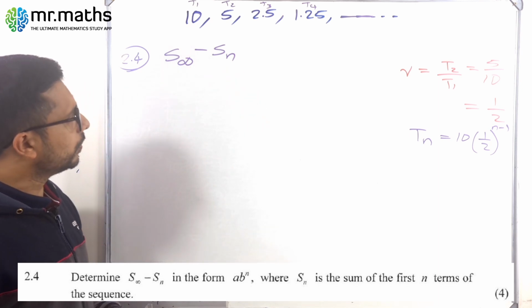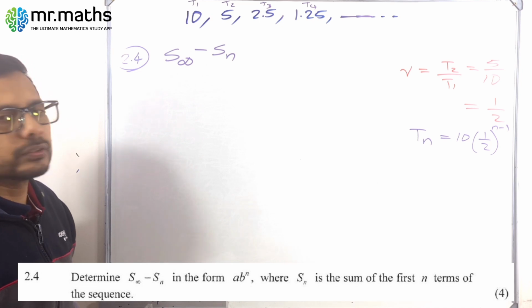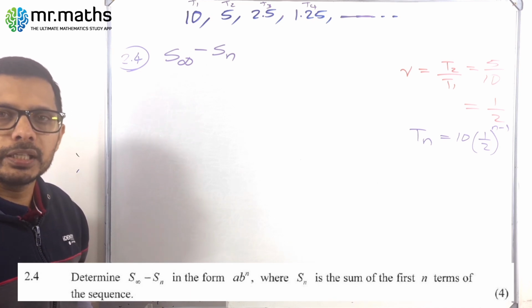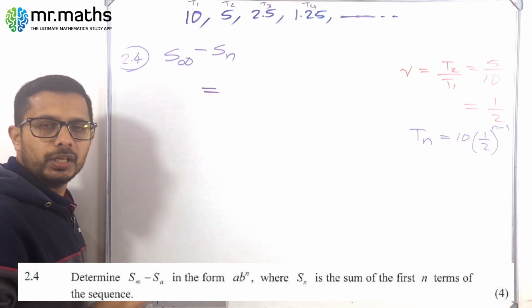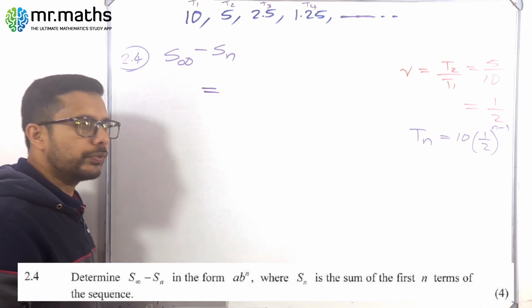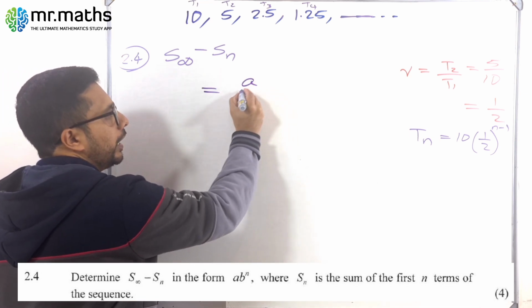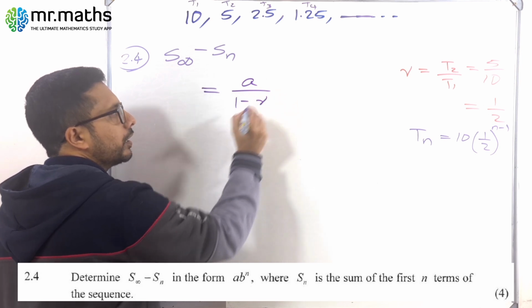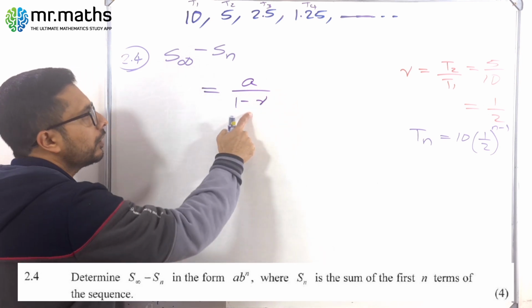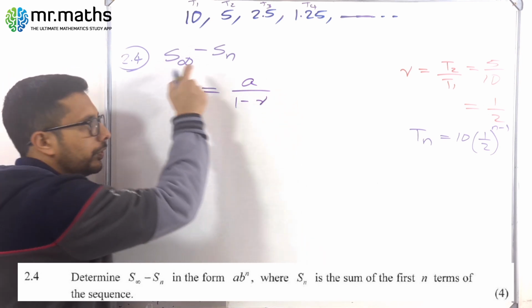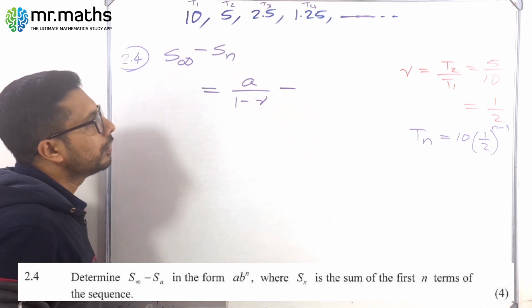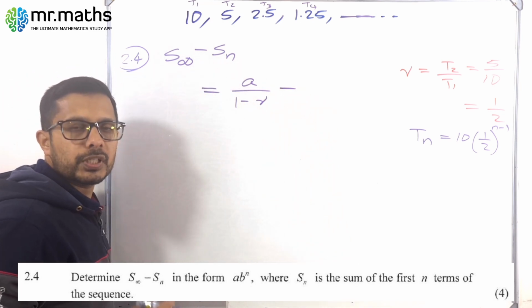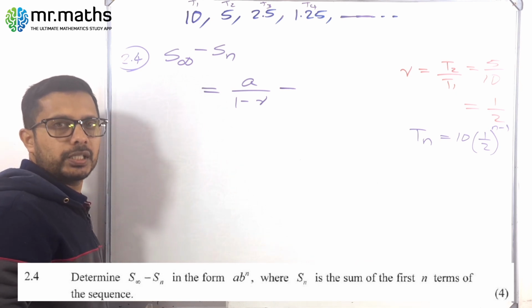Okay, so here this is a geometric sequence. How can you find the sum to infinity? There is a formula you studied, the sum to infinity formula. What is that? a divided by 1 minus r. Minus the sum of the first n terms.